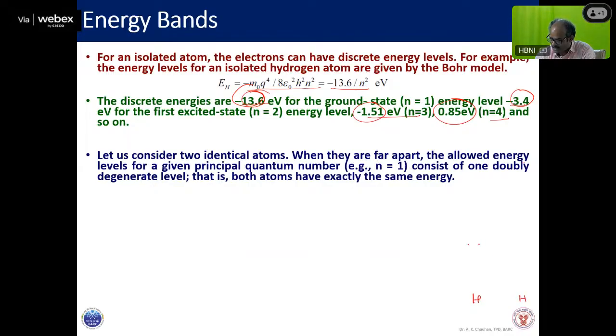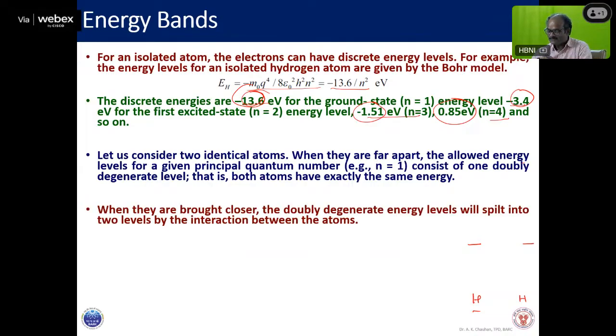I will have one energy level corresponding to this hydrogen atom and another corresponding to the other hydrogen atom, and you see this energy value is exactly the same. When you have two states where the energy level is exactly the same, this is called a degenerate state. So now you have a doubly degenerate state: two atoms and exactly two states, but they are far apart.